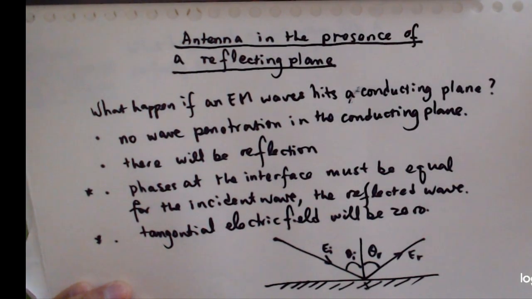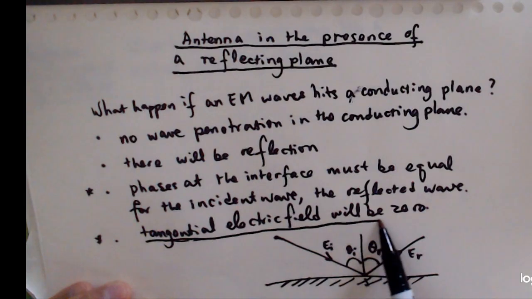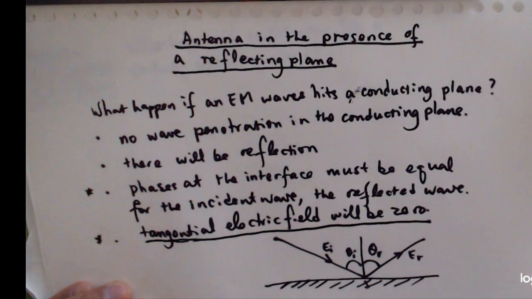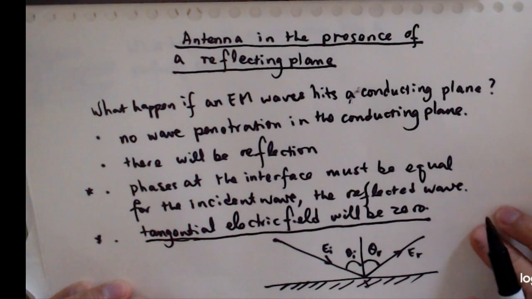But what is subtle is this point: the tangential electric field will always be zero. So let me explain what happened. What is the implication of this point?